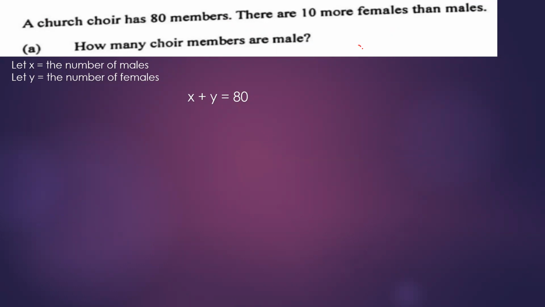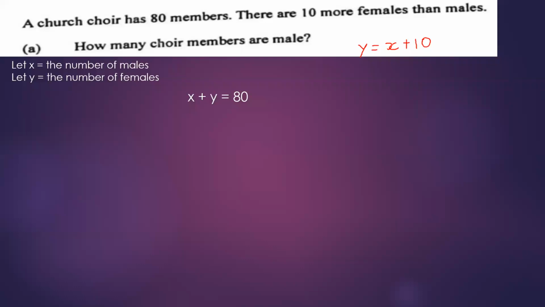What we do know, though, is that y is equal to x plus 10. The reason we know that is because there are 10 more females than males. So whatever the amount of females is, it's going to be x plus 10.